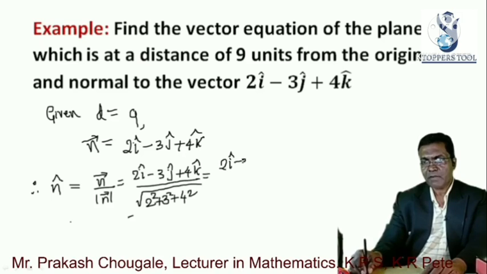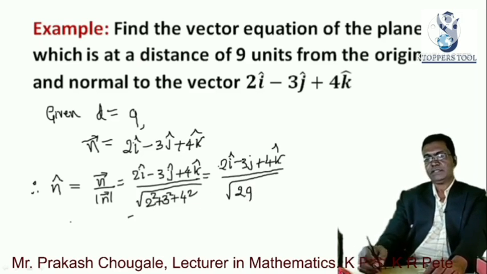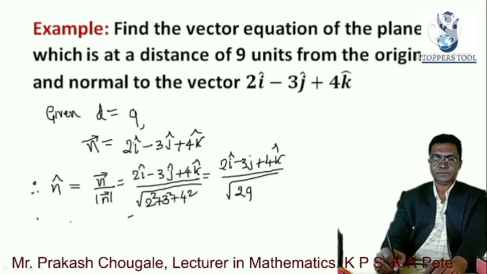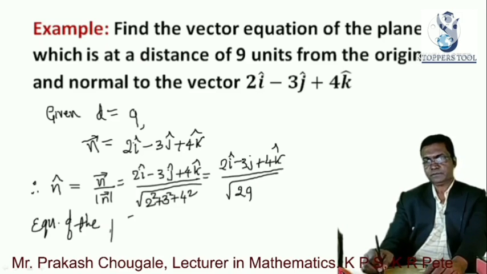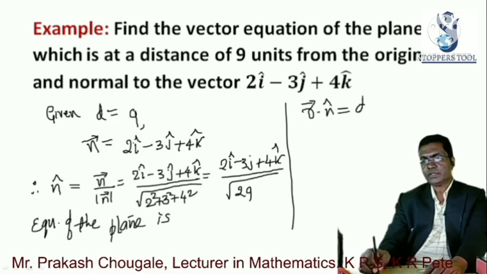2i cap minus 3j cap plus 4k cap divided by square root of 4 plus 9 plus 16, that is 29. You will get square root of 29. So the equation of the plane is vector r dot n cap equals d.